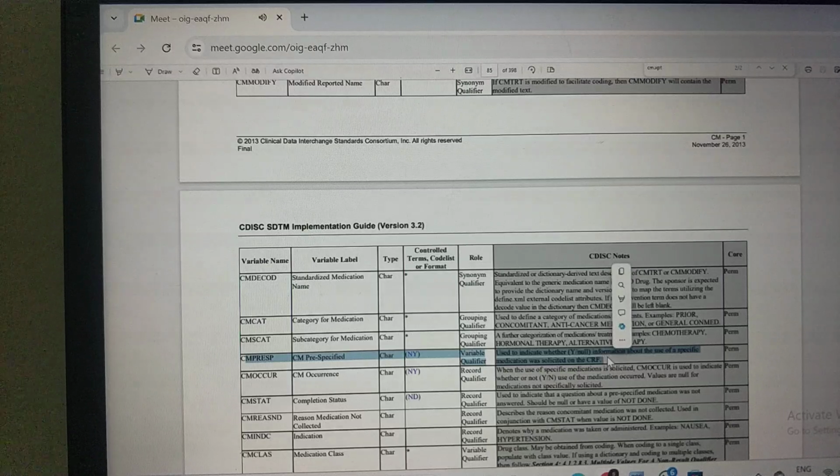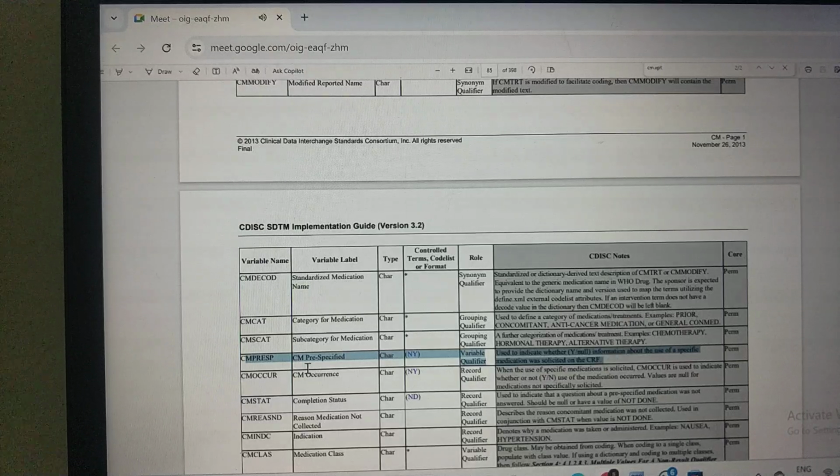So for example, if we have the 10 records in the CRF, did the subject really take those 10? Sometimes yes, sometimes no; sometimes they might have taken two medications, sometimes one, sometimes all 10. However, whatever medication they took out of those 10 drugs, CMPRESP will be Y for all 10 records, because it's a pre-specified medication.